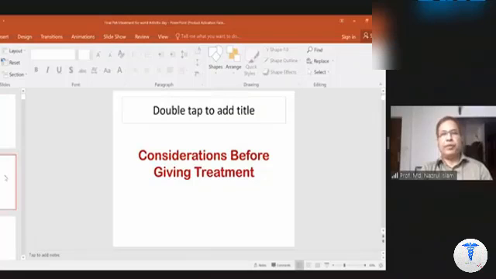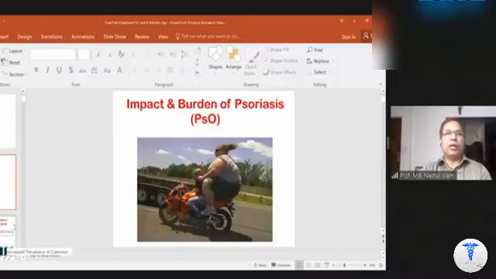Before deciding to treat a case, we need to have some considerations about the particular disease. There are many things to tell about psoriasis and psoriatic arthritis. We know psoriasis is not a single disease. Sometimes psoriasis comes early, and years after the patient can develop psoriatic arthritis.